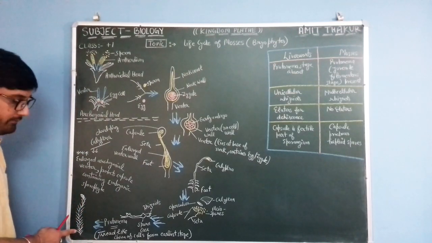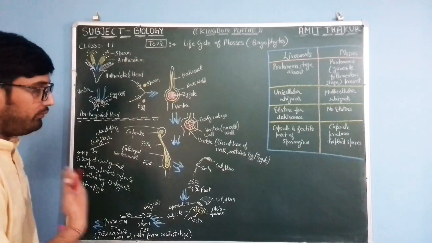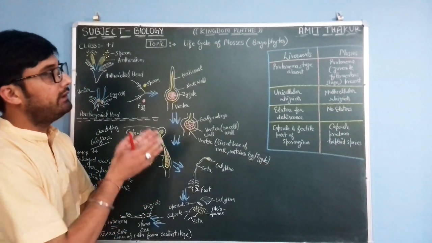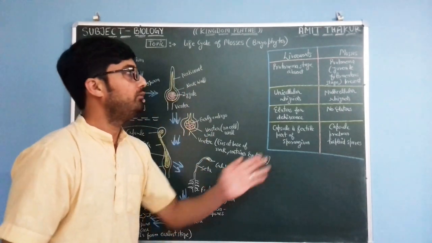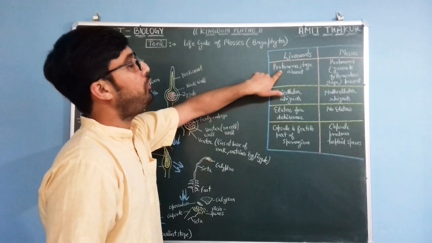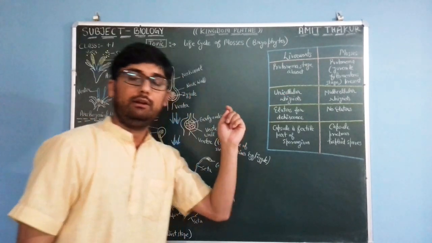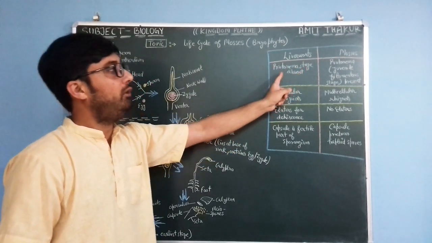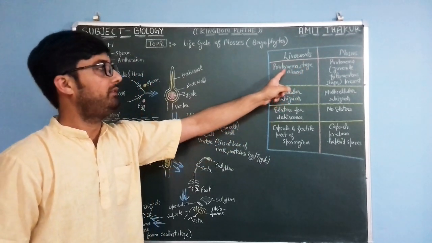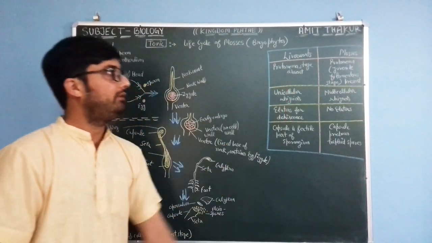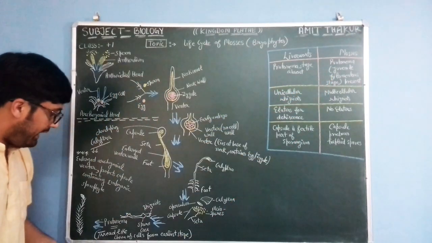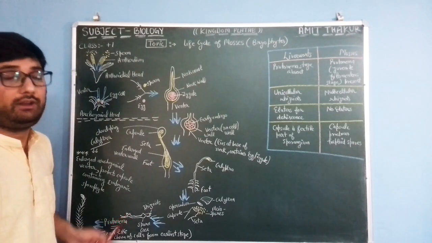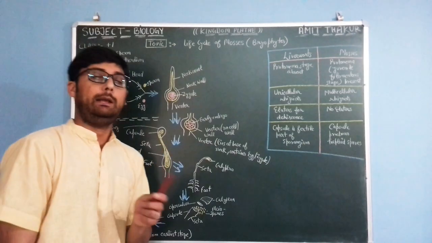You can see over here. So when we start differentiating liverworts and mosses, there is no protonema stage in liverworts. When we did the last lecture, life cycle of liverworts, there was nothing about protonema. That means protonema stage is absent in liverworts, but in case of mosses, as you are seeing over here, this protonema stage, which is the earliest juvenile filamentous stage, is present in the life cycle of mosses.